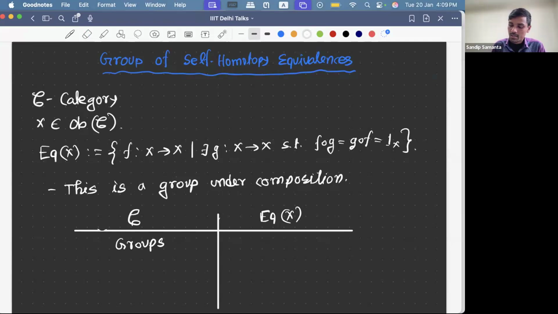So you consider the collection of all group homomorphisms which are invertible. For X, this is just the group of automorphisms of X. So this gives you the automorphism group.